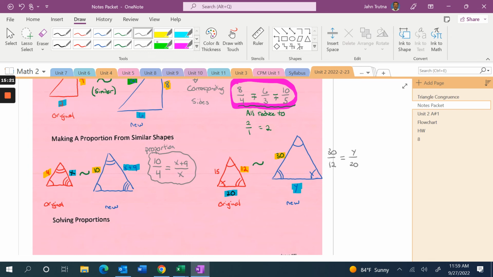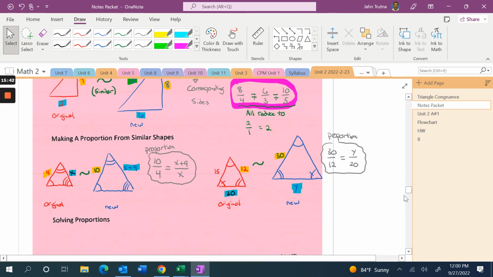Now, because these shapes are similar, and that's what that green squiggle means, these ratios are equal to each other. And what I just did was make a proportion. So the proportion for this problem would be 30 over 12 is equal to y over 20.